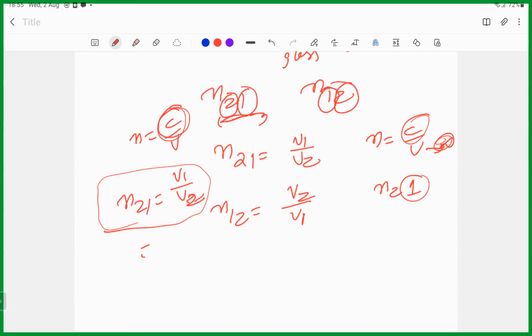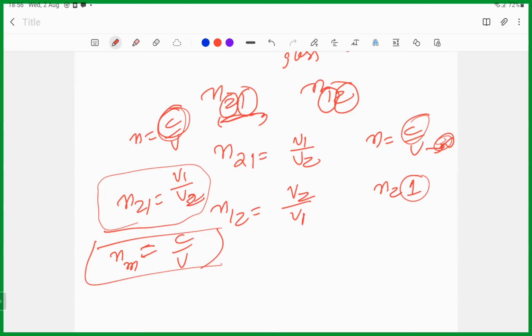So why is the refractive index of the medium equal to c by v? When we say it's the absolute refractive index, medium 1 is vacuum or air.